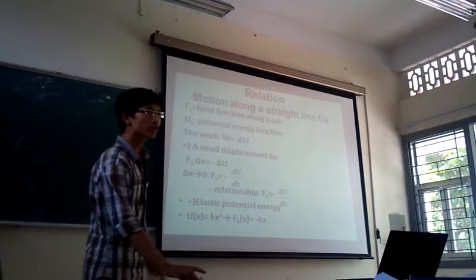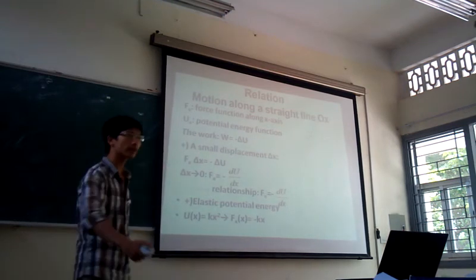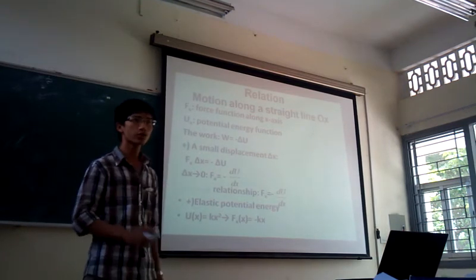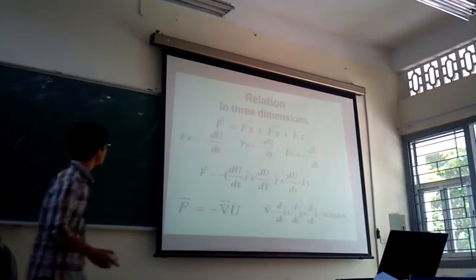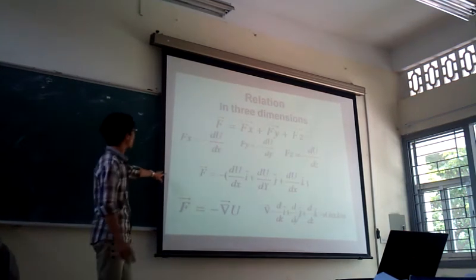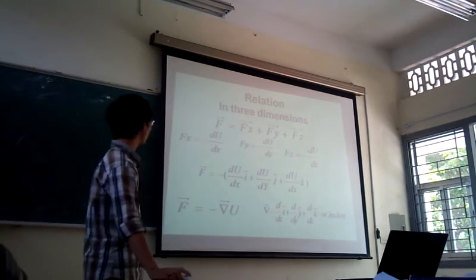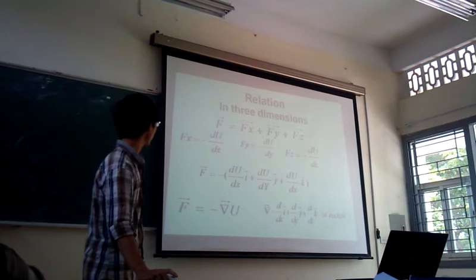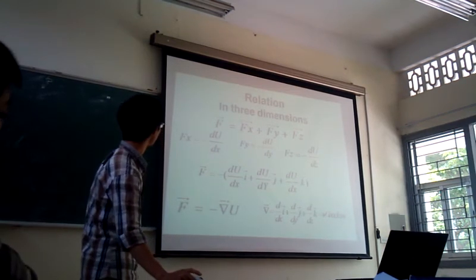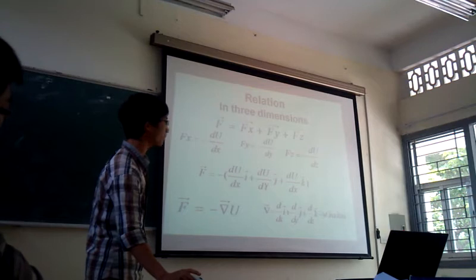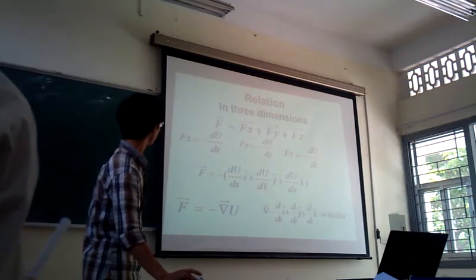Now, to discover some interesting information from this formula, we will expand it into 3 dimensions. We know that any vector in 3 dimensions can be expressed by the sum of 3 components. As you can see here, vector F can be expressed by the sum of 3 components: Fx, Fy, and Fz.